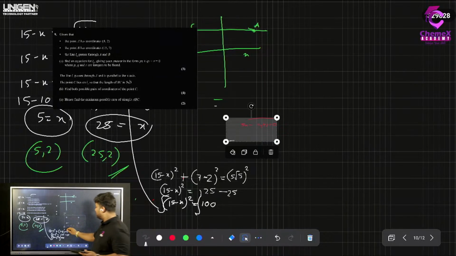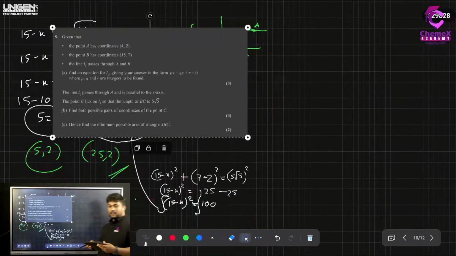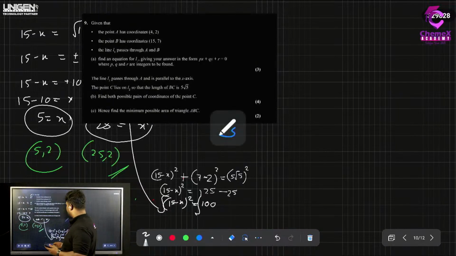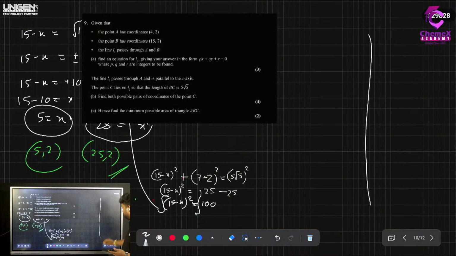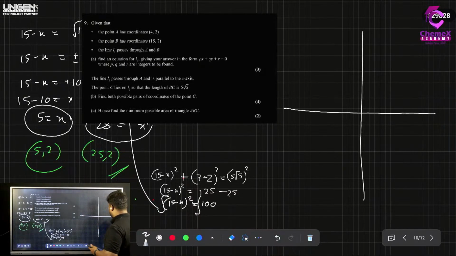Okay. Now the last part is finding the area. How do you find it? So now you know some of the coordinates. Again, if I draw the sketch of it, we know where B is, 4, 2, and where C is, 5, 2 and 25, 2.